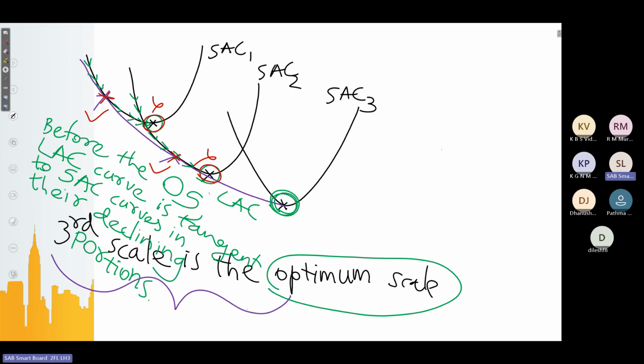Only at the optimum scale is the long run average cost curve tangent to the minimum point of the short run average cost curve.